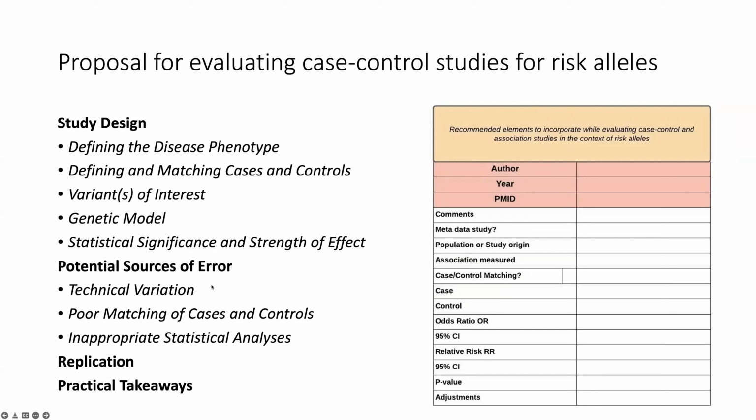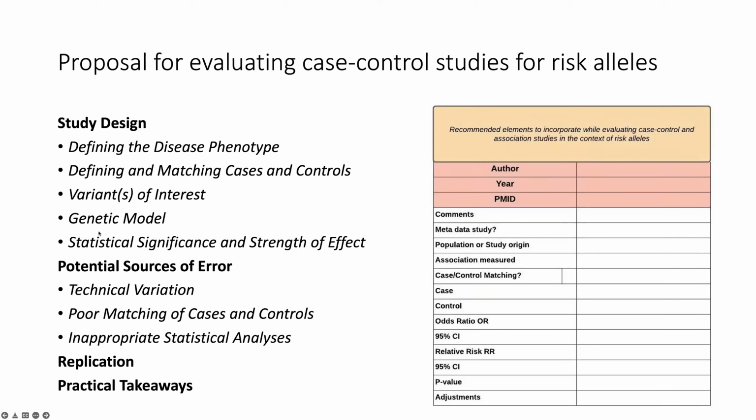A lot of those have to do with the study design: properly phenotyping the individuals in the cases and the controls, and matching them to get rid of the influence of other characteristics that might confound the analysis and give you a false association.